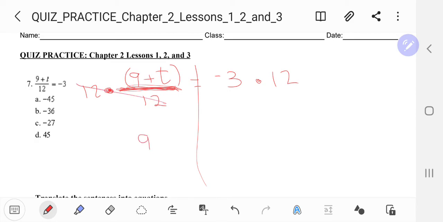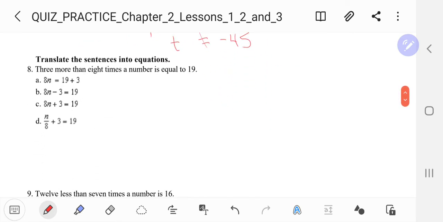And we bring down what's left over, 9 plus t and negative 36. Now, to get rid of that 9, it's like a positive 9, we're going to subtract 9. We're going to subtract 9 over here. That cancels, leaving us t all by itself, and t equals negative 45.